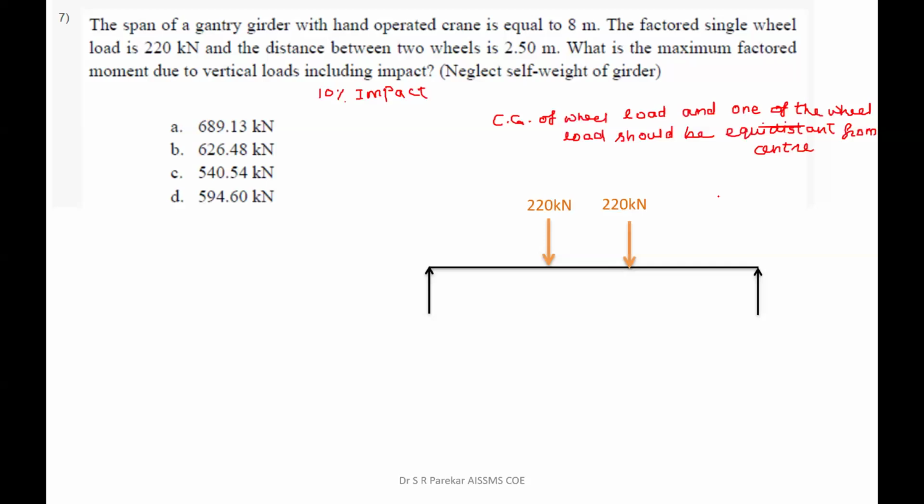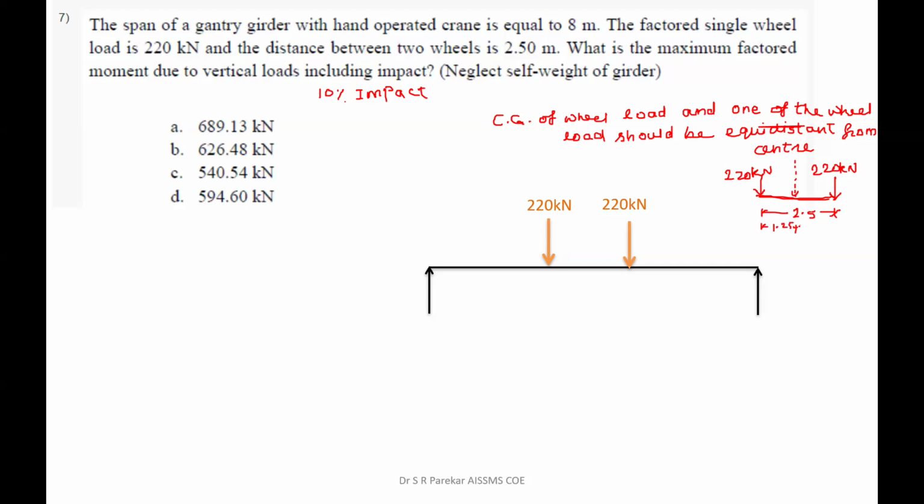And now we have given 2.5. So if I draw these two here, we have these two values as 220 kilonewtons, and then we have this as 2.5. My CG will be at the center. This distance will be 1.25.